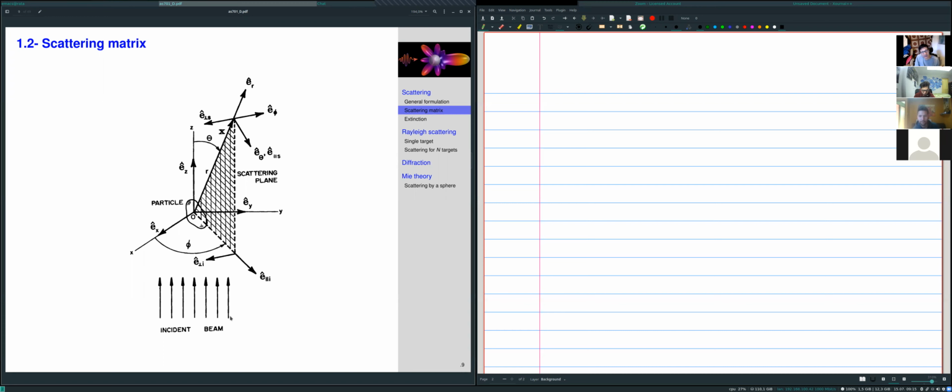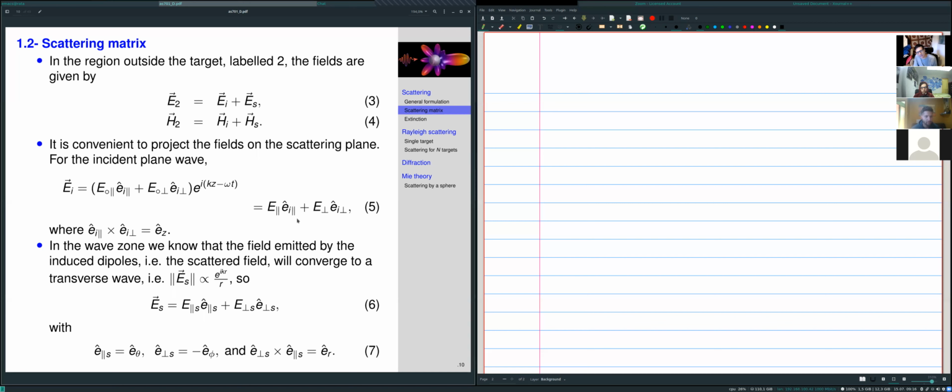This is why we introduce E perpendicular scattered and E parallel scattered, which is different from the basis of vectors we use for the incident radiation. So these are two different bases, but we can decompose the incident basis into the scattered basis and vice versa.